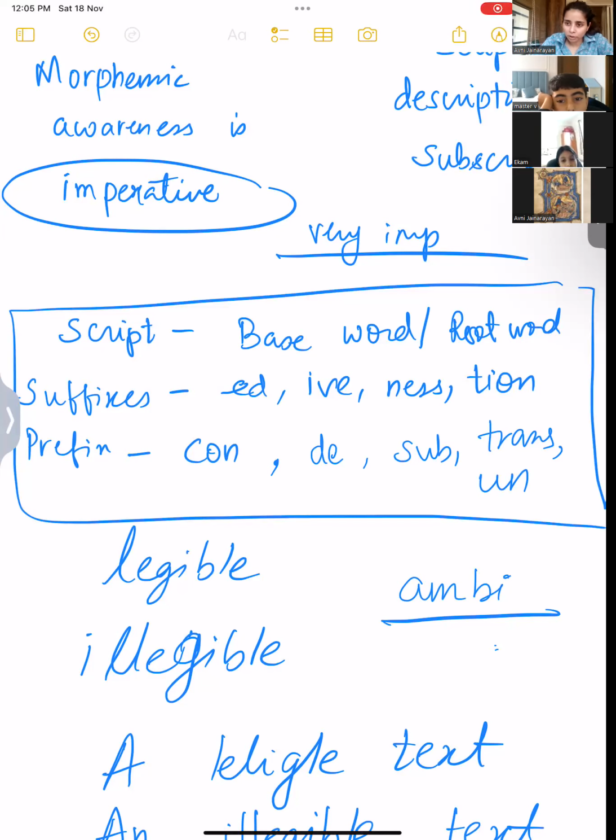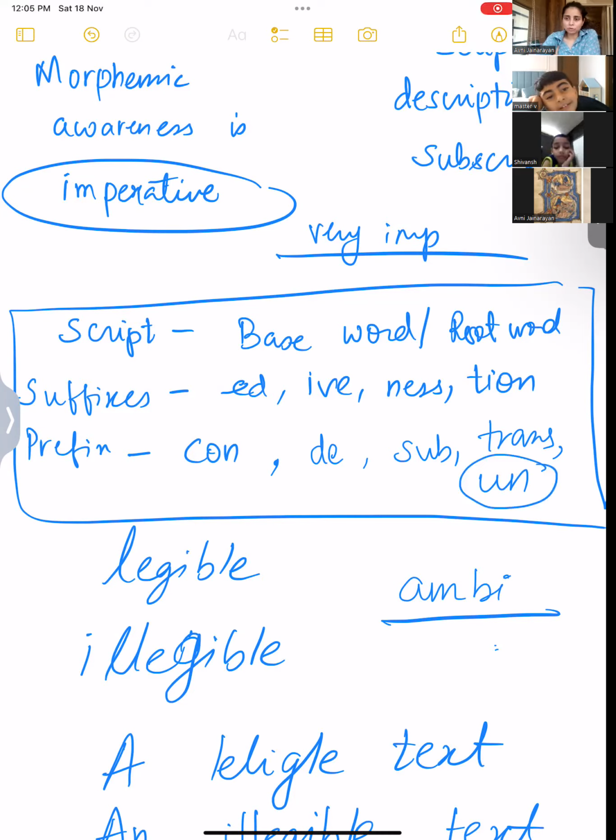Script is the root word. You have to add a prefix un to it. What would be the new word? Yes, Aradhya, correct. Unscript. Unscript can be a word.